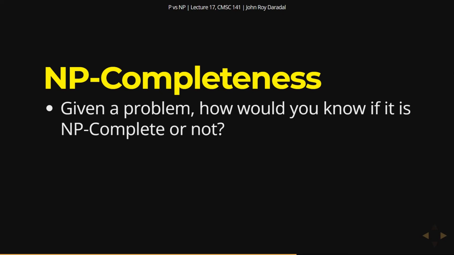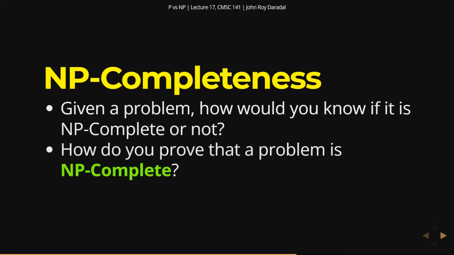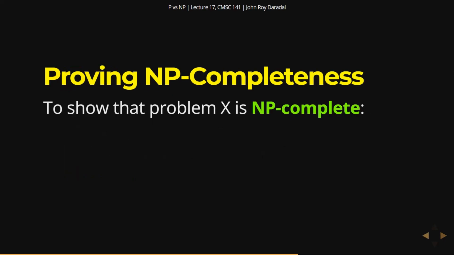Now, if you're given a problem, how would you know if it's NP-complete or not? How do you recognize NP-completeness? Or how do you prove that the problem is NP-complete? We just said that there is a set of problems that are the hardest in NP, called NP-complete, because all NP problems can be reduced to them. But how do you actually say that a problem is NP-complete?